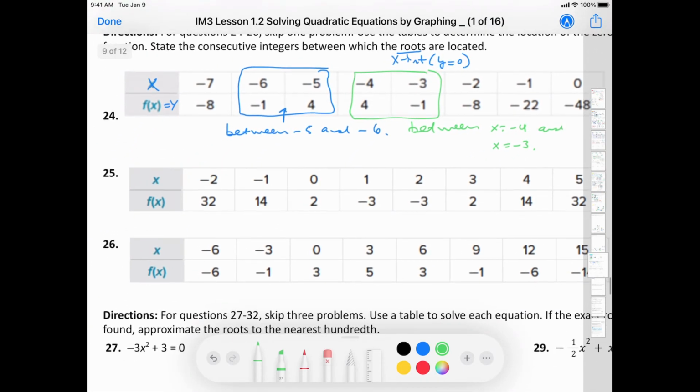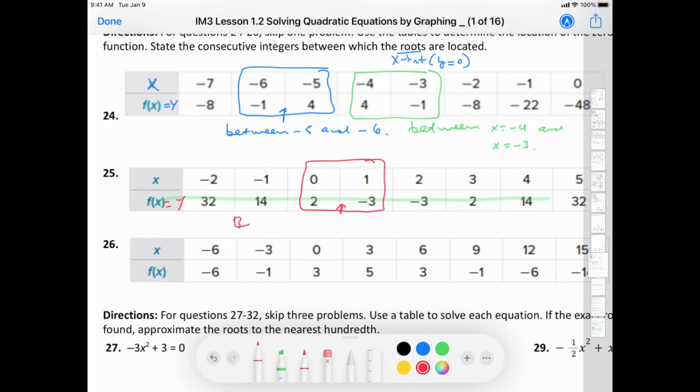Okay, let's try question number 25. Again, ignore the x's, but locate the f of x or the y-axis. Basically focus on the second row down here. And anything between a positive and negative, so I can see right there, 0 should be right there.